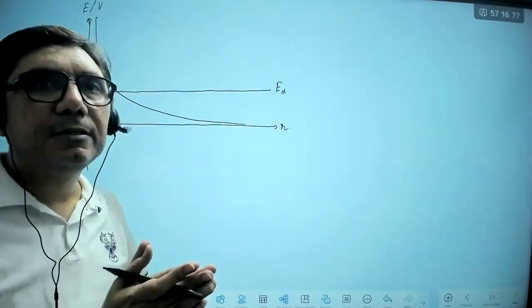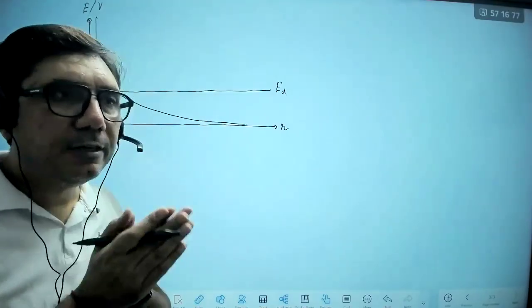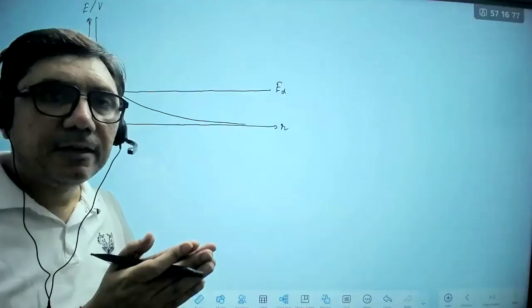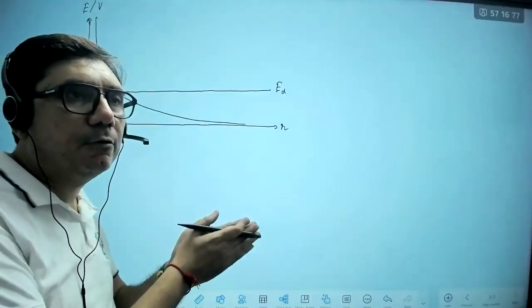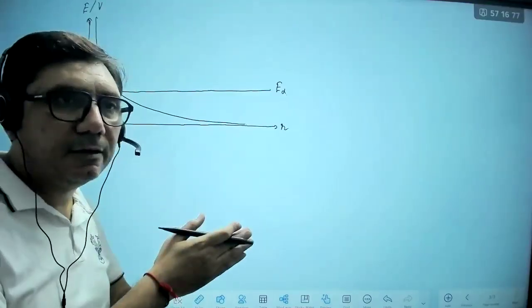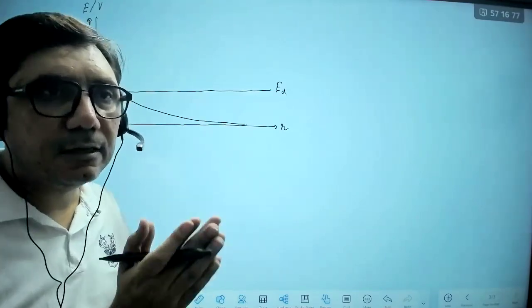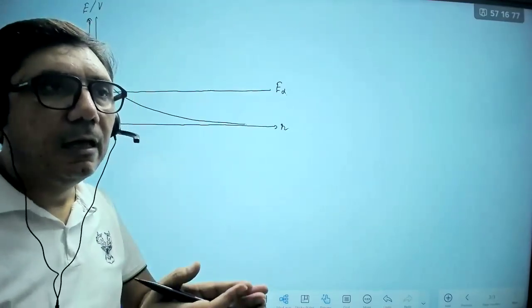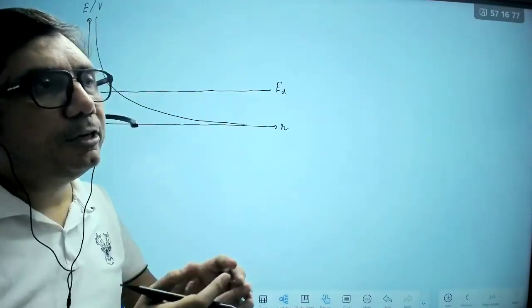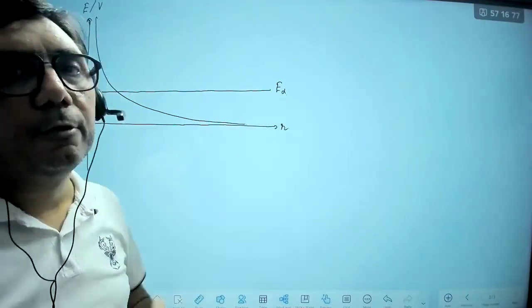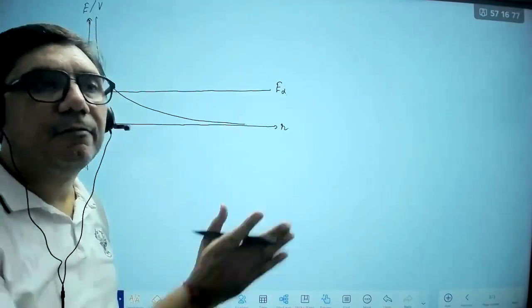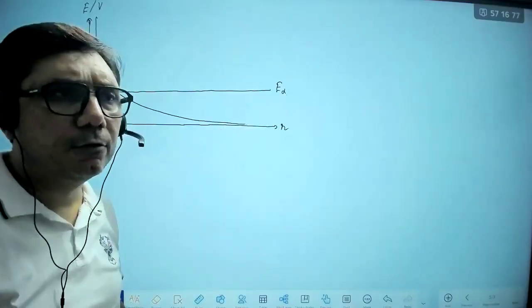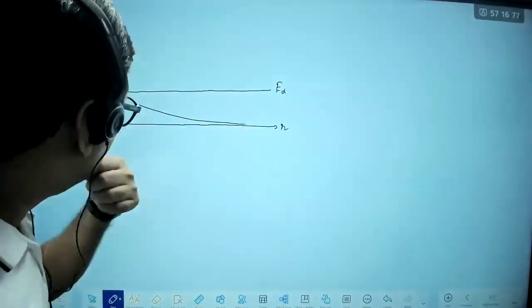So the turning point is a point where potential energy becomes equal to the total energy. At that point the particle will be at rest for a moment, and after that it will be reflected back by some type of repulsive or restoring force. So that is the turning point.